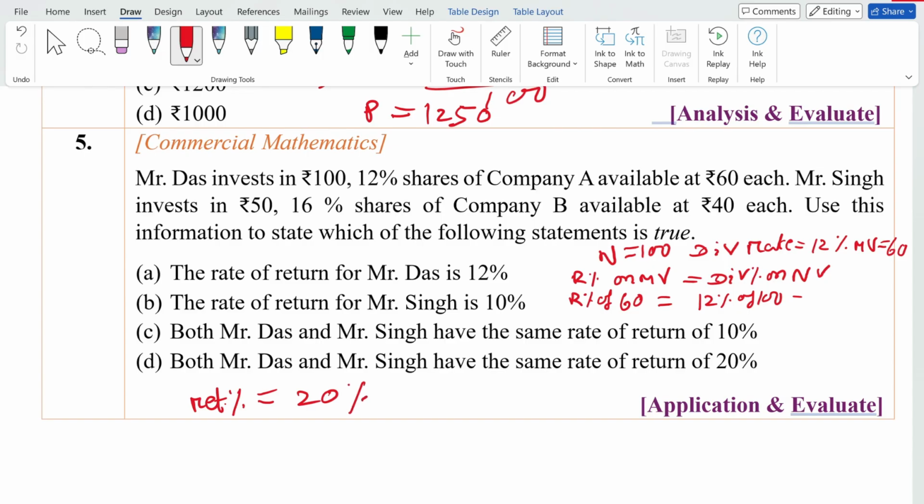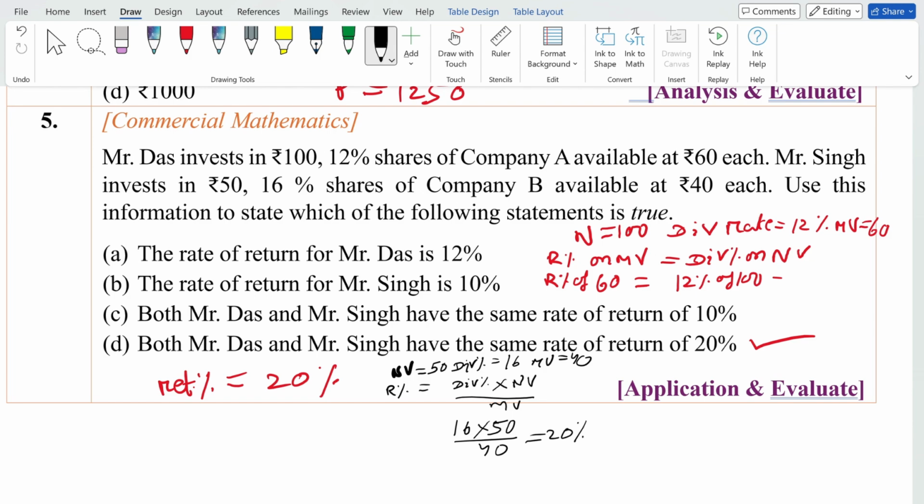So the answer is the last one, return percentage is 20%. Mr. Singh's company B is also 20%. So both are 20%.